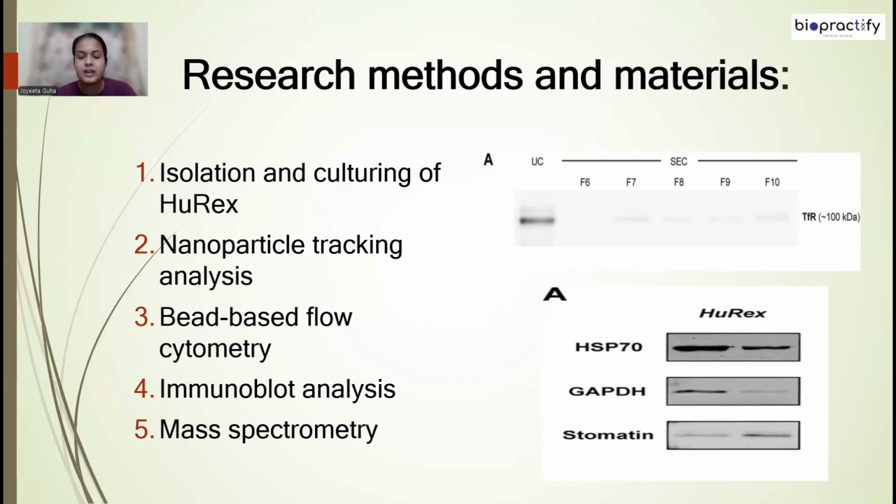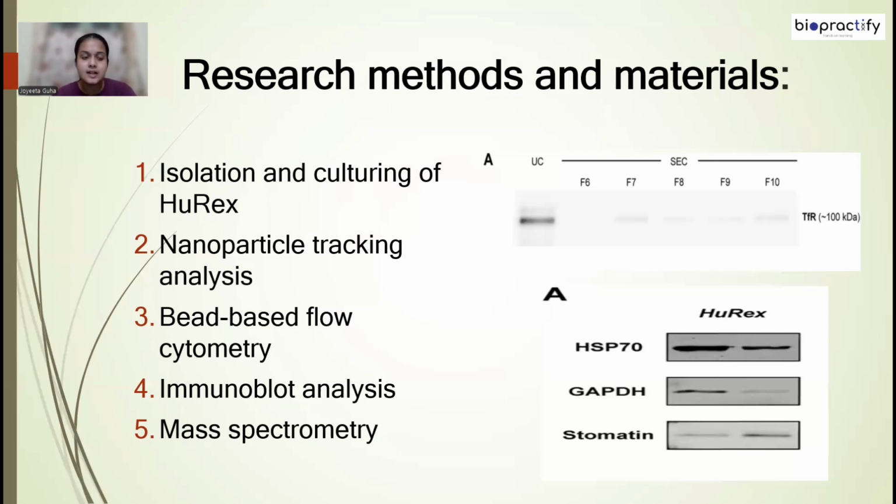To name some of them, it is size exclusion chromatography or ultracentrifugation. For culturing, they have cultured the reticulocytes for 36 hours in the presence of 1 to 3% hematocrit along with further chemicals.